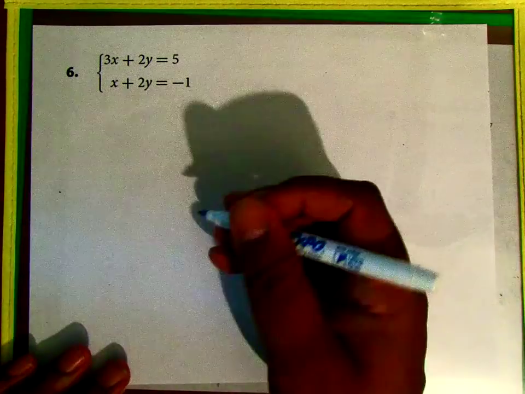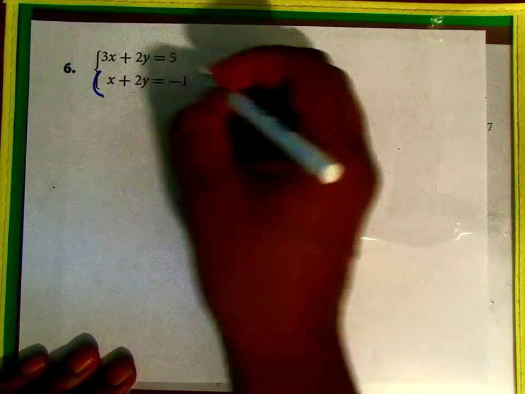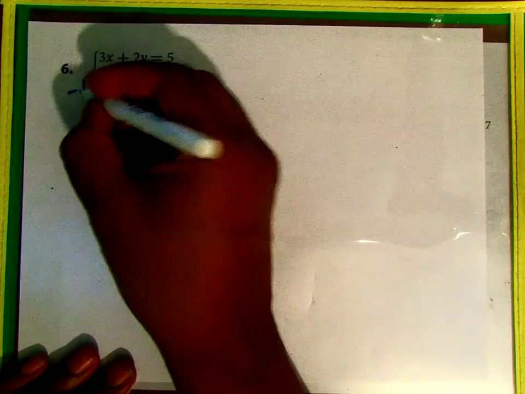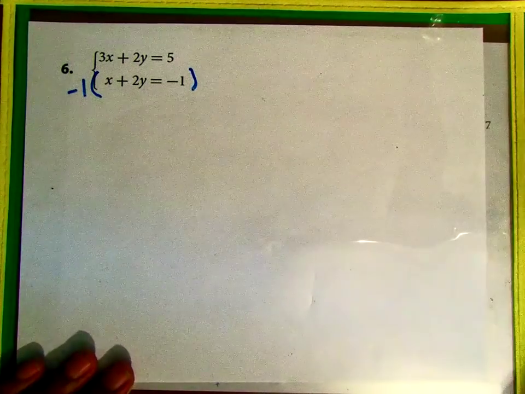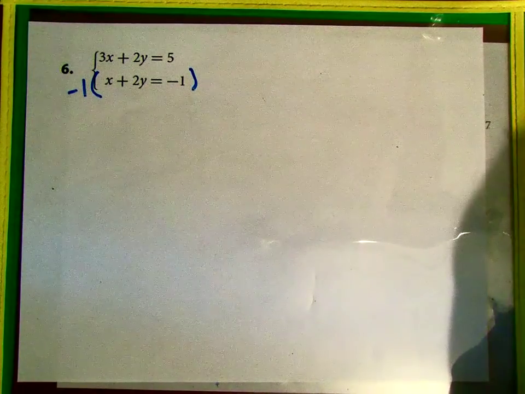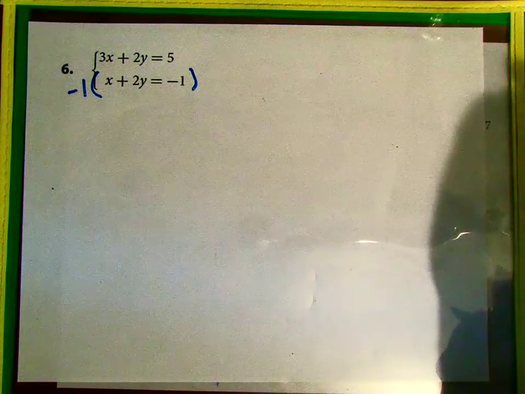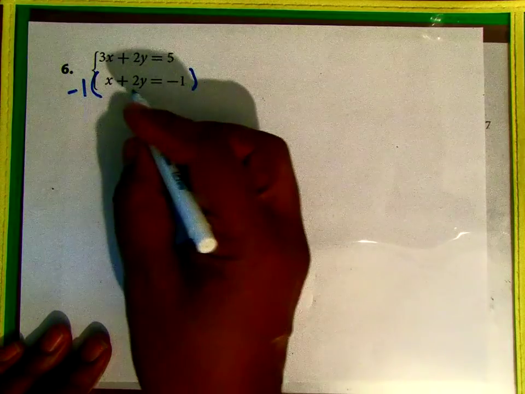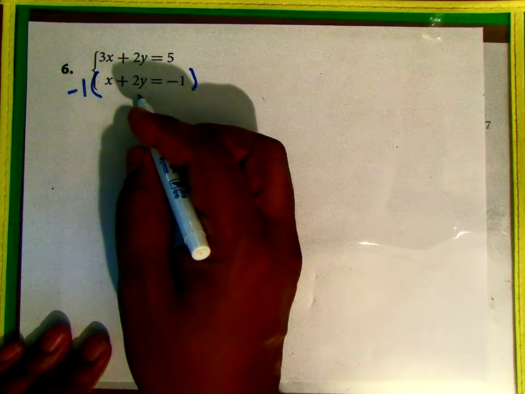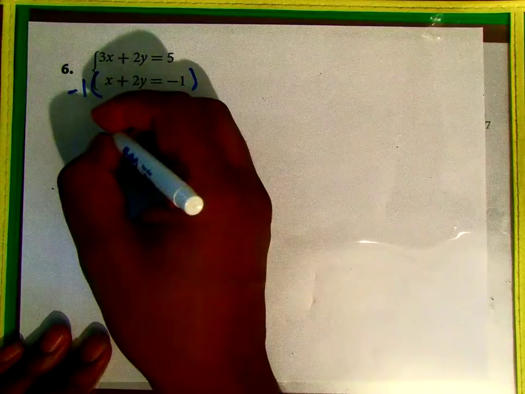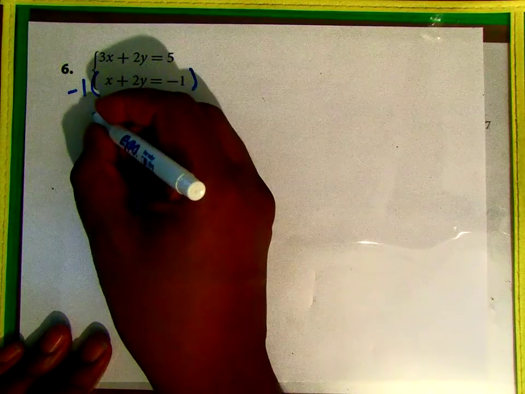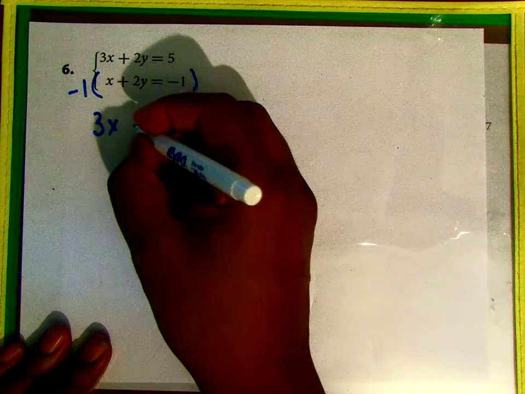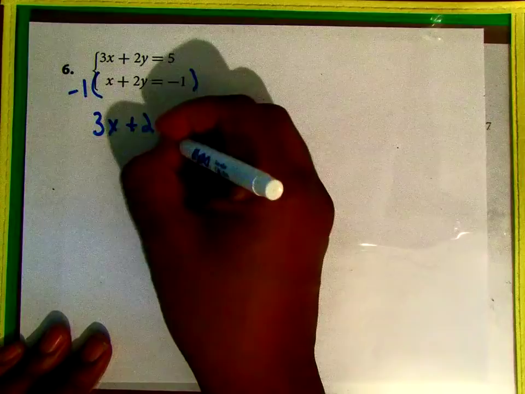So to do that, what I'm going to do is multiply the whole equation by negative 1. Okay, and once I multiply by negative 1, that's going to change this 2y to negative 2y and allow me to eliminate. So I'm going to go ahead and rewrite the first equation just like it was.